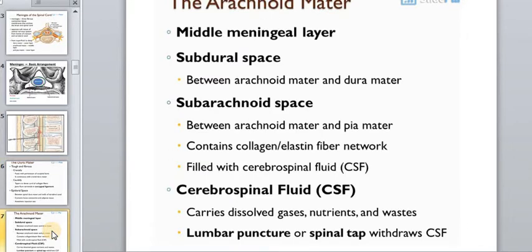Next one, the arachnoid mater. Between the arachnoid mater and the dura mater there is the subdural space, and the subarachnoid space between the arachnoid mater and the pia mater contains collagen and elastin fibers and is filled with cerebrospinal fluid. And this fluid carries dissolved gases, nutrients, and wastes from the nervous system.